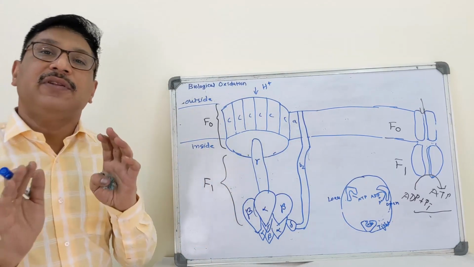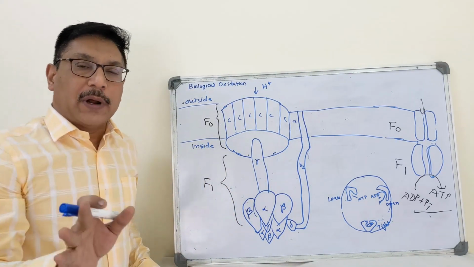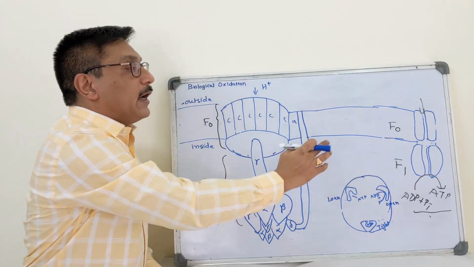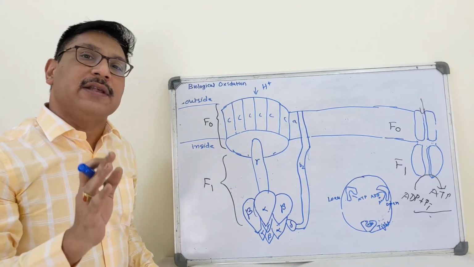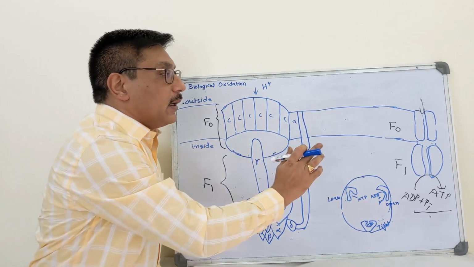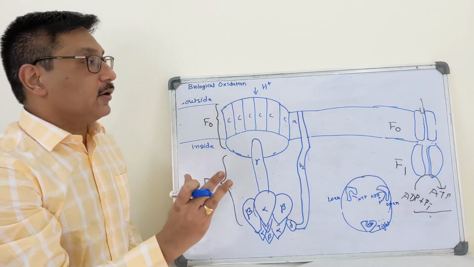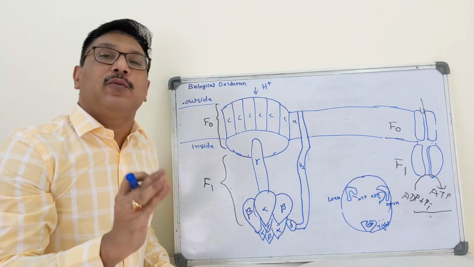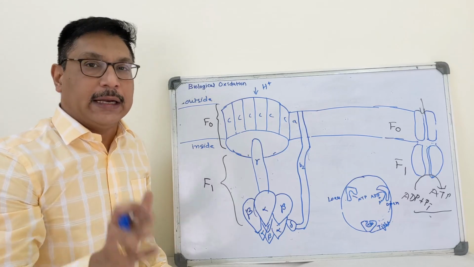This is ATP synthesis complex 5. It consists of two parts, the FO subunit and the F1 subunit. The FO subunit is called FO because it is the oligomycin-sensitive subunit, and it forms a proton channel. The F1 subunit is the phosphorylating unit where ADP and Pi are attached to each other to form ATP.